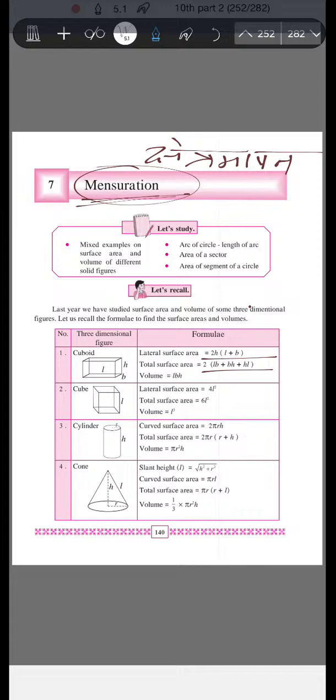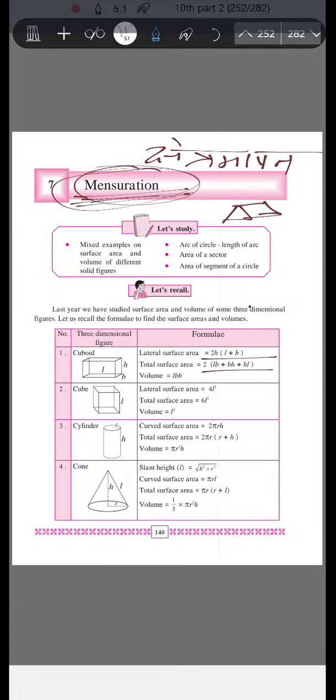If we are going to find out the area and volume of any specific shape, it can be 3D or 2D, or I can say a planar shape or a solid shape, then it's called mensuration, correct?